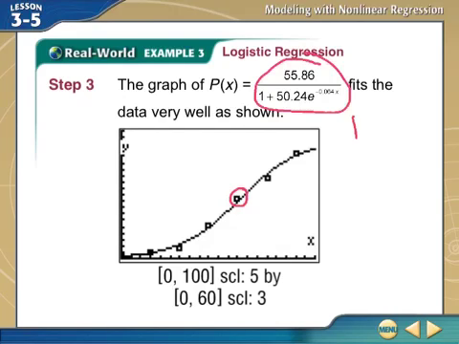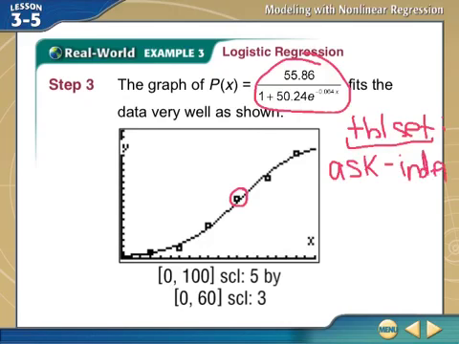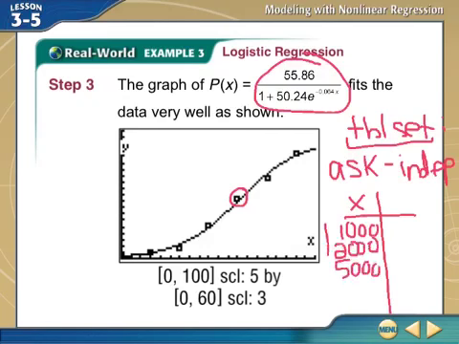Under your table setup, you could change your independent variable to ask. And if you go to your table, that allows you to plug in whatever you want for X. So you could type in 1,000, 2,000, 5,000. You can let X increase infinitely, let X get really big, and then see what happens to your Y value.